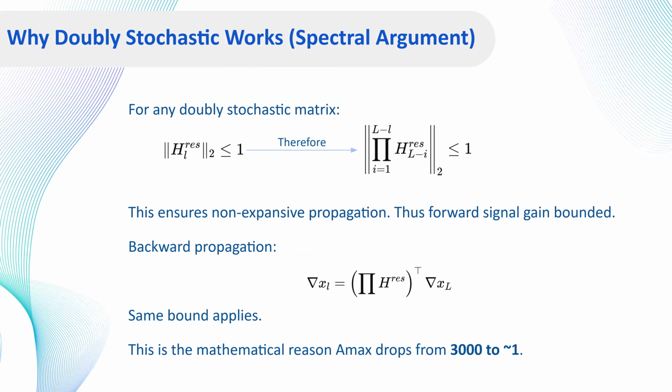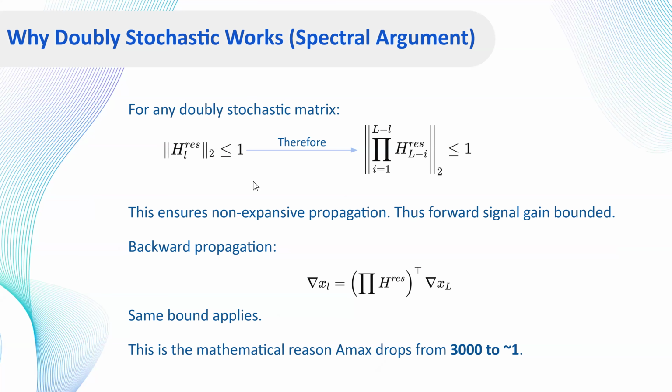And why does doubly stochastic work? Here we can see that for any doubly stochastic matrix, the spectral norm is less than or equal to 1. It means when we have an input vector, it doesn't stretch or enlarge that vector.